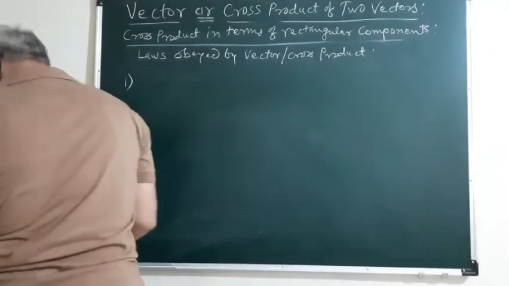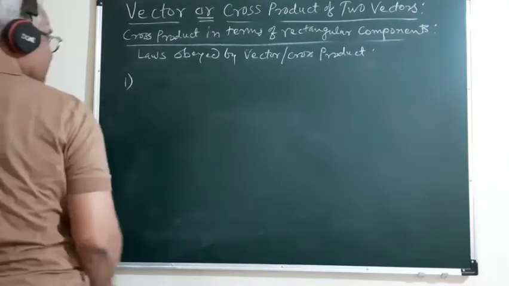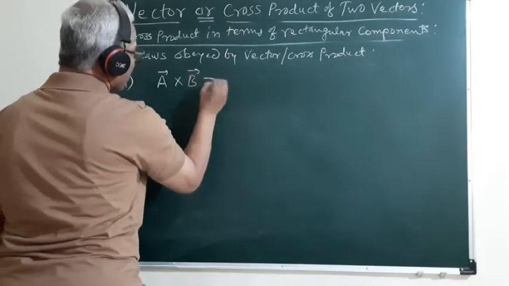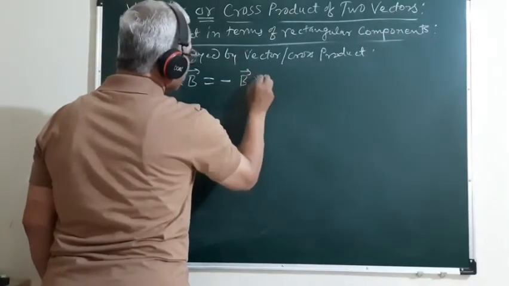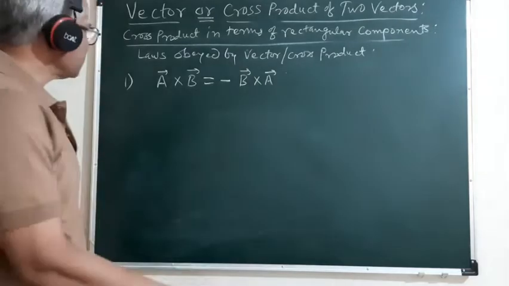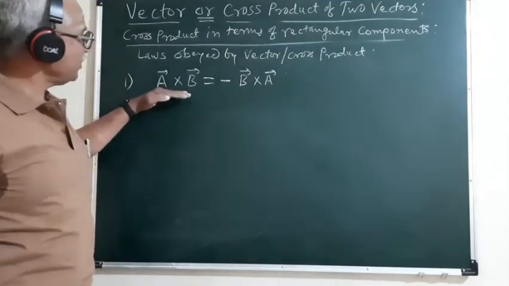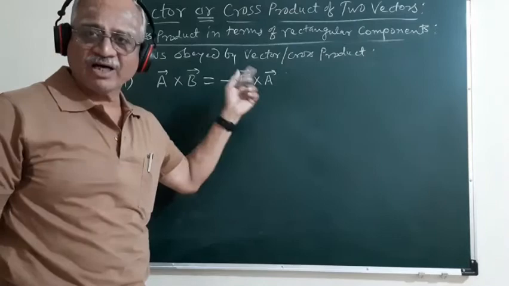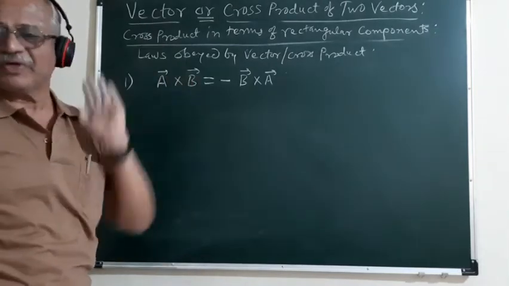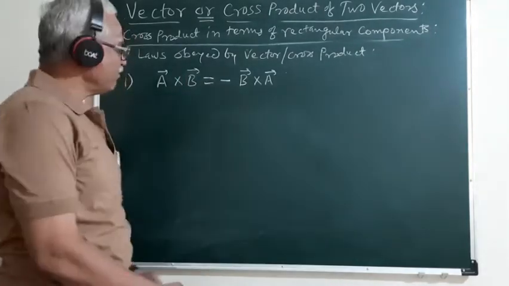The first law that is obeyed by the cross product or the vector product of two vectors is that A bar cross B bar is equal to minus of B bar cross A bar, because we have seen that the magnitudes of A bar cross B bar and B bar cross A bar are the same, but the directions of these two vectors are opposite to each other, and that is why we can express it as A bar cross B bar is equal to minus of B bar cross A bar.